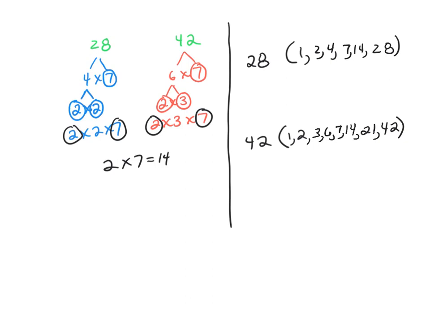So I'm going to put in 6 and 7. Notice I have a lot of factors for 42, but the greatest common factor is 14. Either way, you're going to get 14, and once again, it won't matter which way you go through and do it, as long as you are able to get the correct answer.